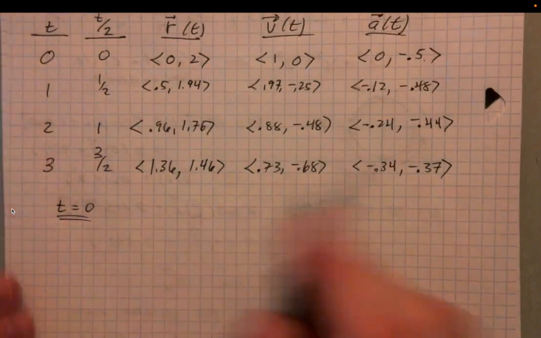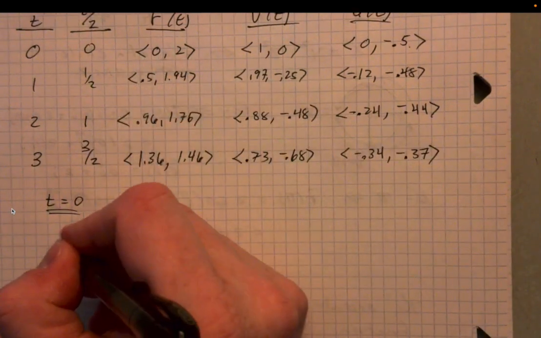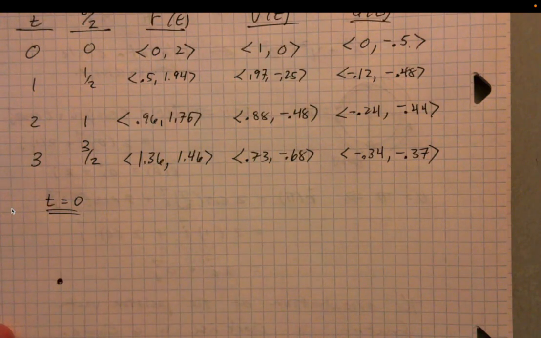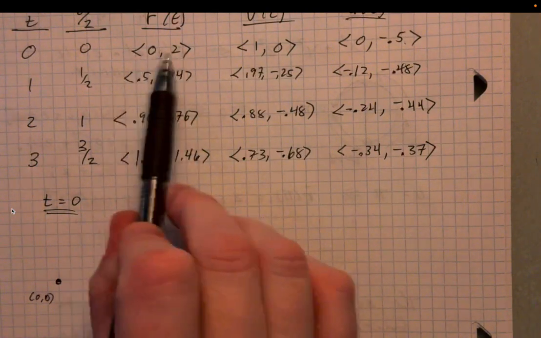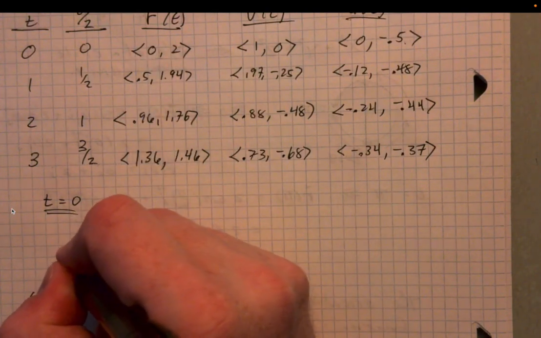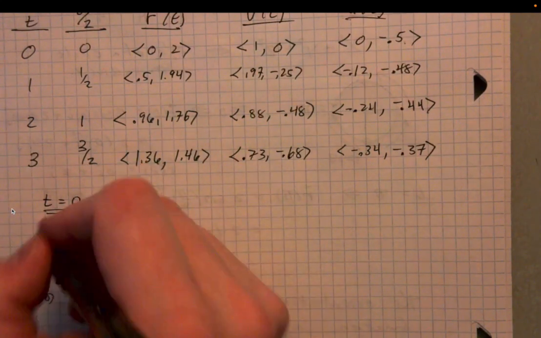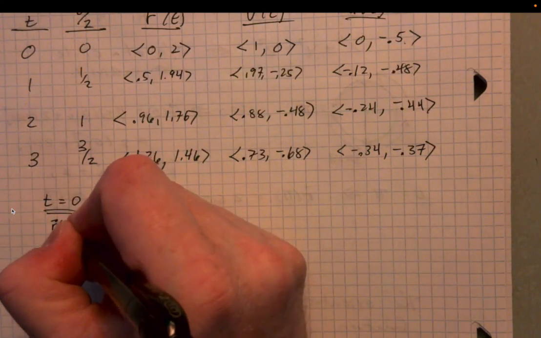Okay, so the position vector is at 0, 2, so I'm just going to denote that as 0. So this will be kind of 0, 0. Imagine the plane here. And so the position vector is at 0, 2, so we'll go up 2, and that's R of 0, sorry.